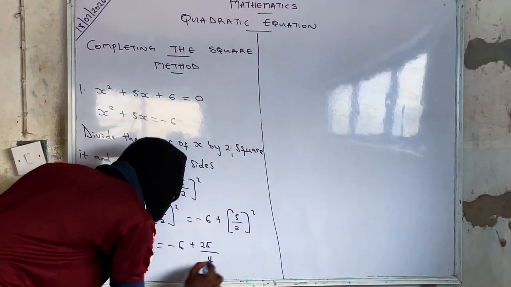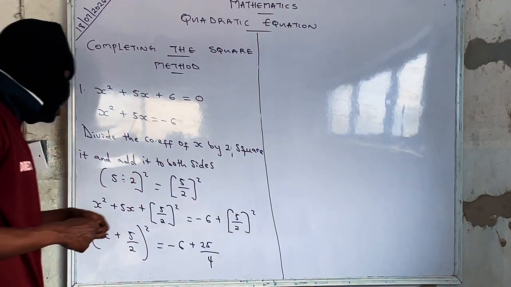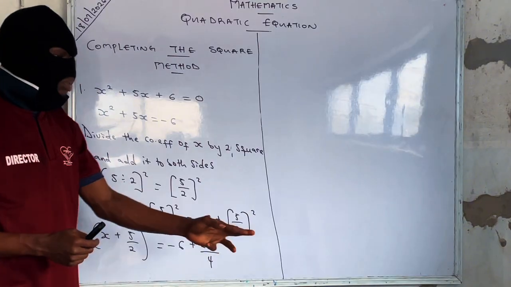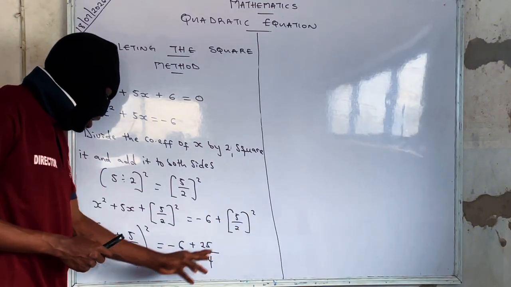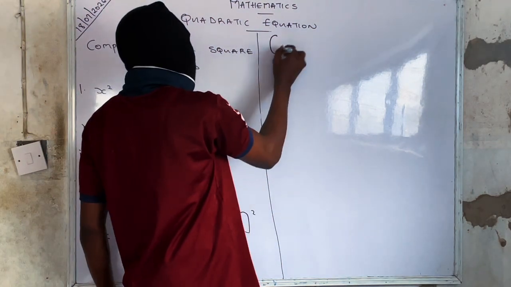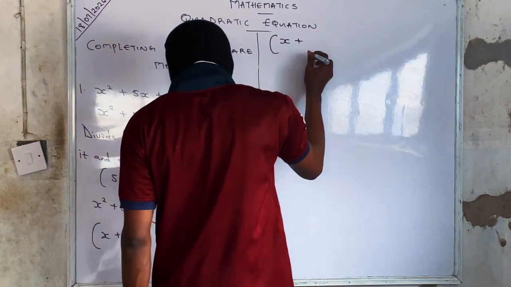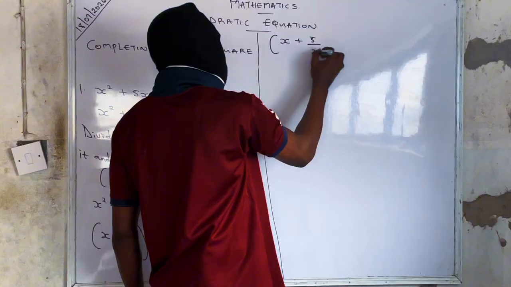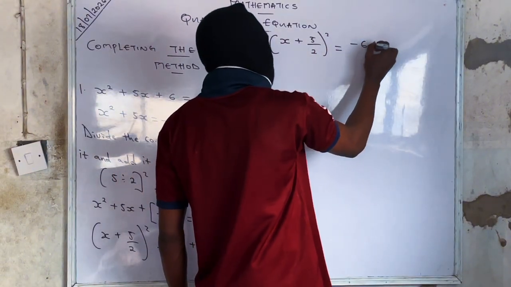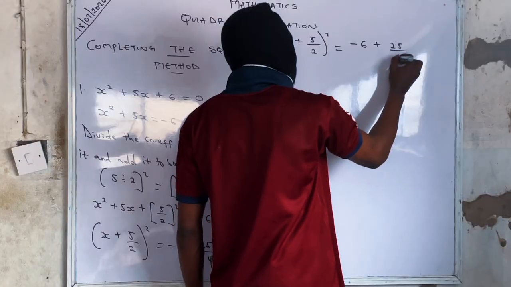The square is for both 5 and 2. So 5 squared is 5 times 5, which gives us 25, while 2 squared is 2 times 2, which gives us 4. Now, since we have (x plus 5 over 2) squared equals minus 6 plus 25 over 4.